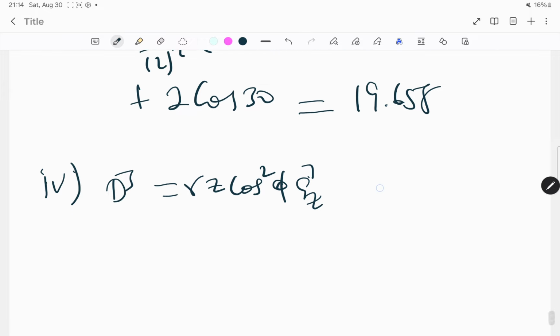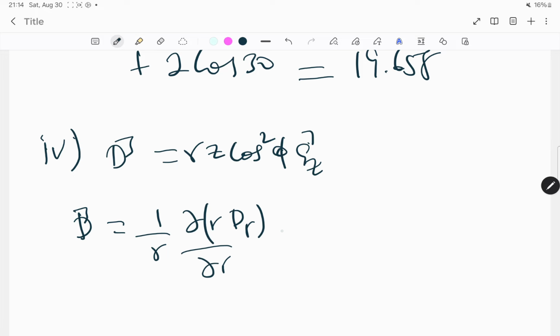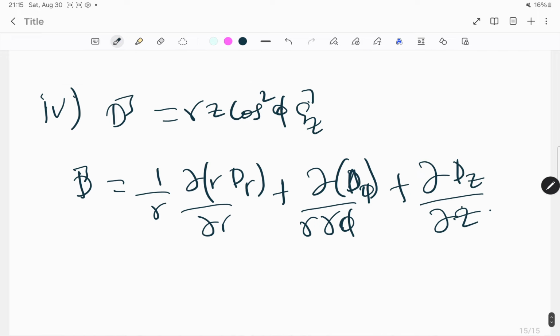We have to find the divergence of D, and this is expressed in the cylindrical coordinate system. We know divergence will be equal to 1 over r, differentiate with respect to r, then we have the d phi with respect to phi, plus dz, then differentiate with respect to z. So we have this.